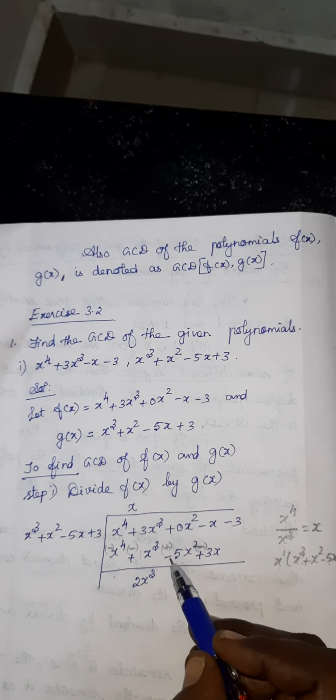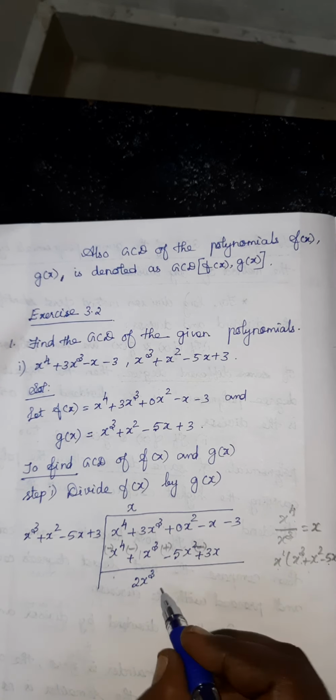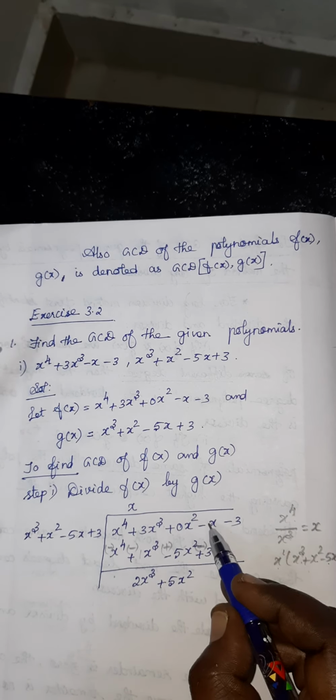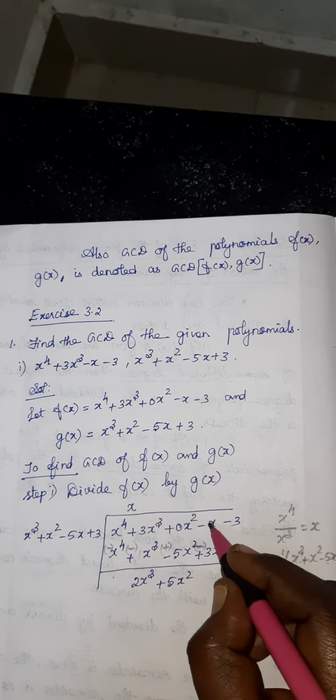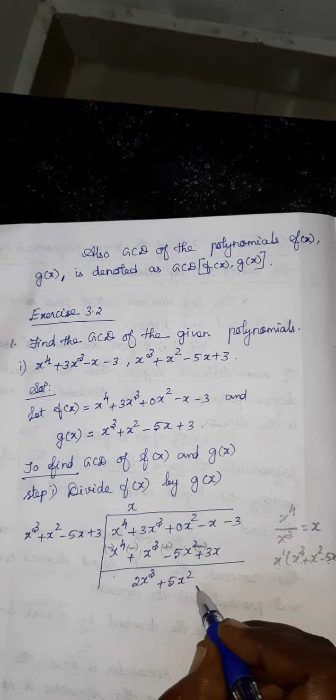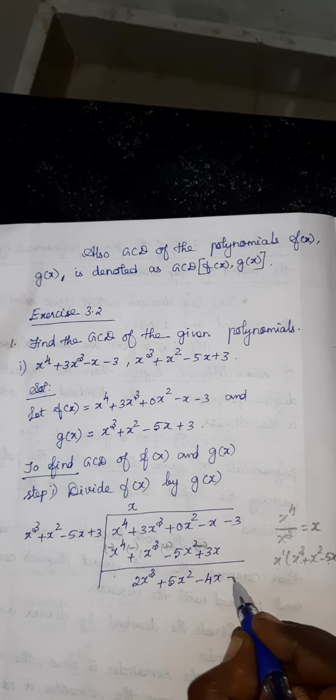Now plus 0 plus 5, it is plus 5x square. Minus, the coefficient of x is 1 here, so minus 1 minus 3, it is minus 4x minus 3.